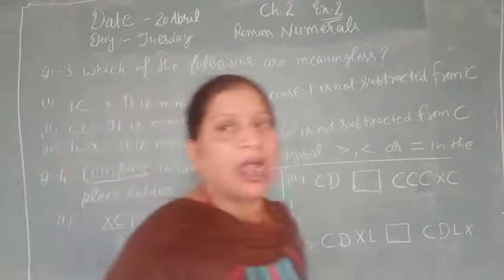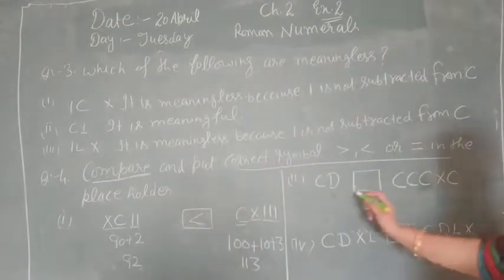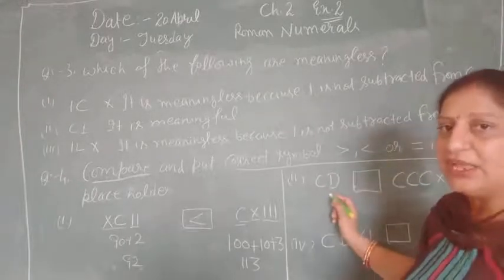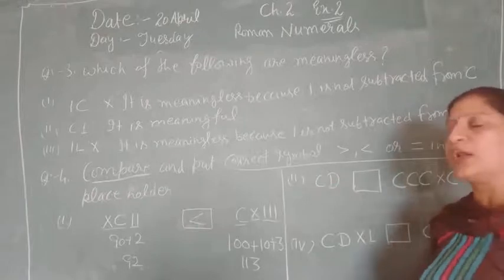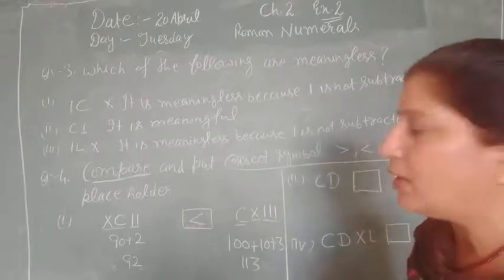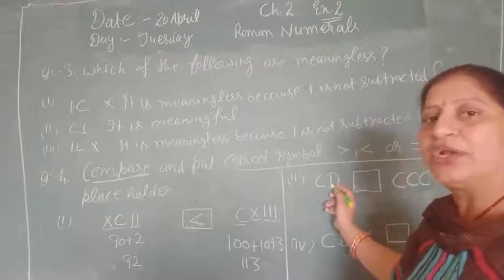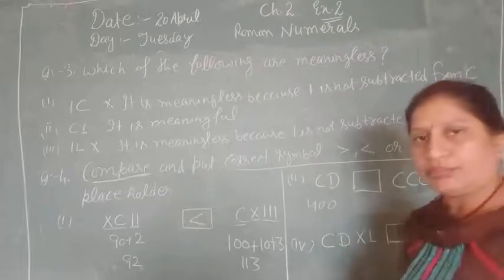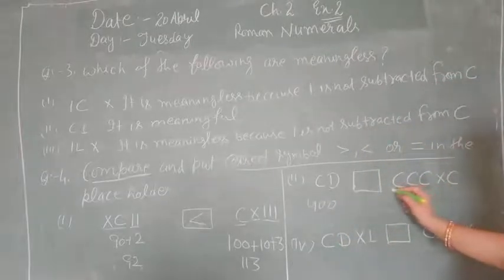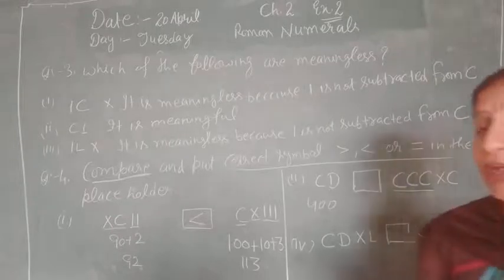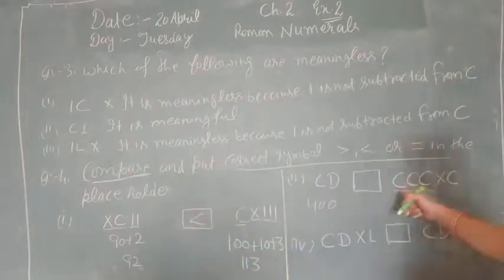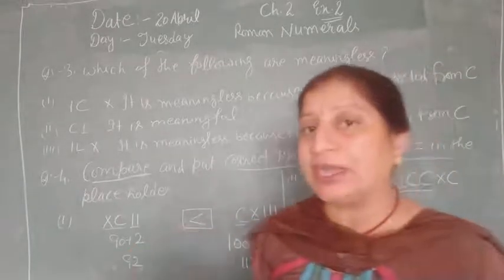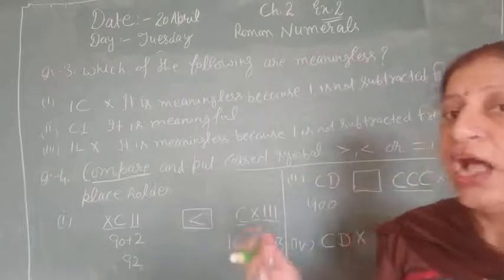Now we do the next part of this question. The next part is CD. Now again we see that D is a bigger number and C is a smaller number. It is on the left side of the bigger number. So from 500 we subtract 100. So our number becomes 400. Clear this one? Now here we see that C is repeated a maximum of 3 times, and when a number is repeating, it means that we add the numbers.